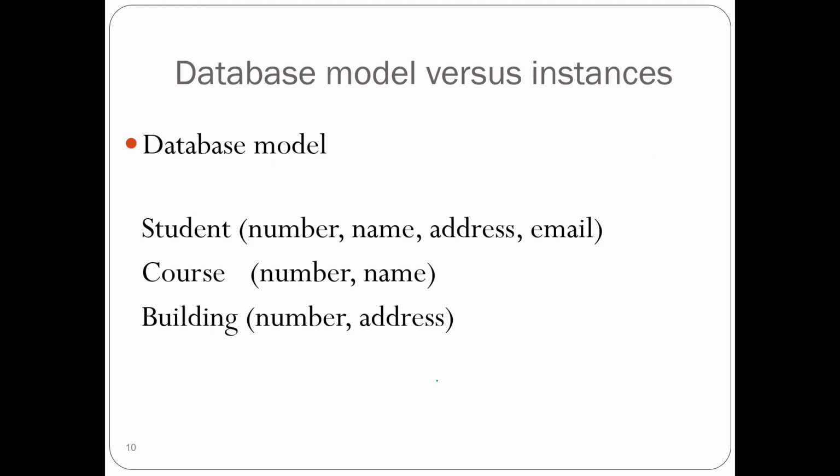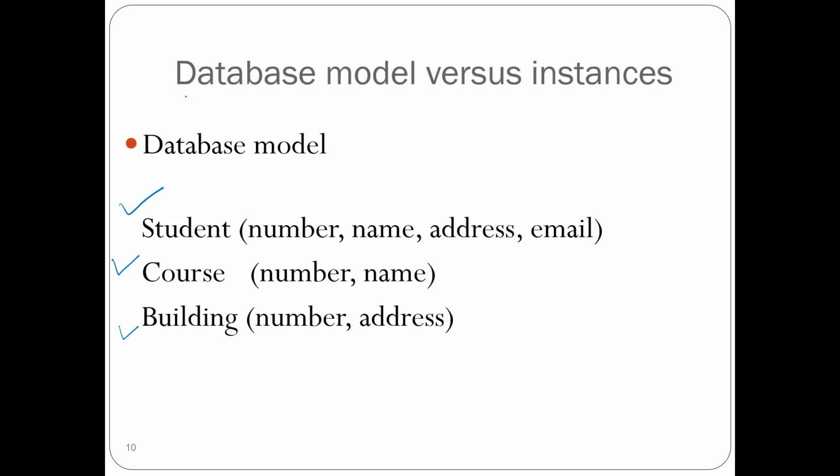I was waiting for this slide, because using it you can understand the database model. Let's assume that we are interested in building a database for university data. In the university data, we will have these components in our database. We'll have data about students, data about courses, and data about buildings.